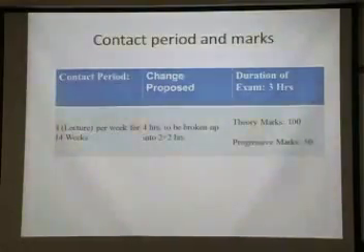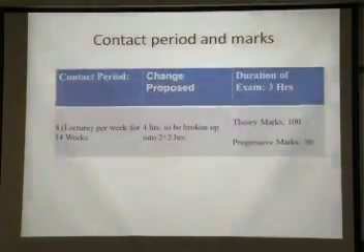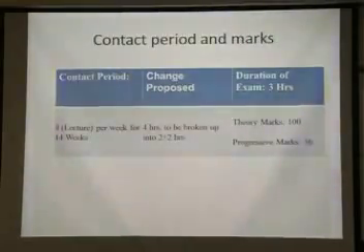Also, it would help in giving the assignments within the 2 hours period, so we can have perhaps certain topics of 2 hours theoretical inputs and the other 2 hours could be assignments which could be based on graphs or based upon mathematical calculations or based upon certain tools which are available in the reference books. The theory marks is 100 and progressive marks is 50, which I am not touching or changing. Next.